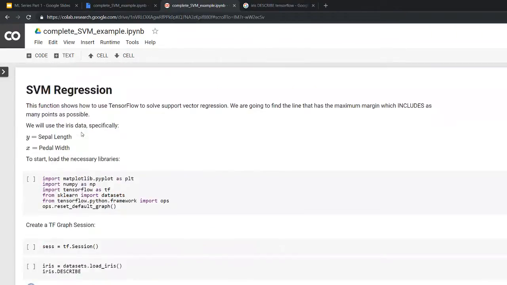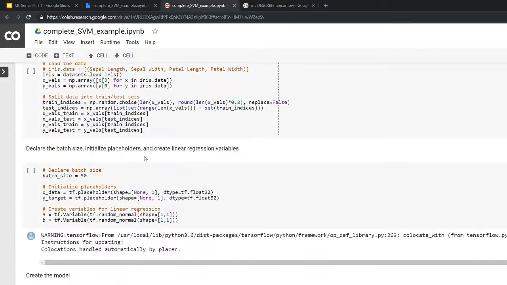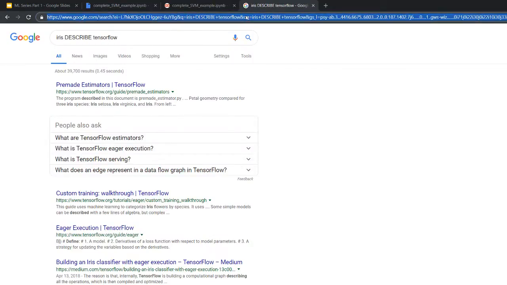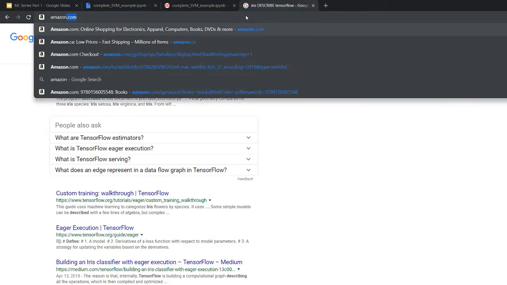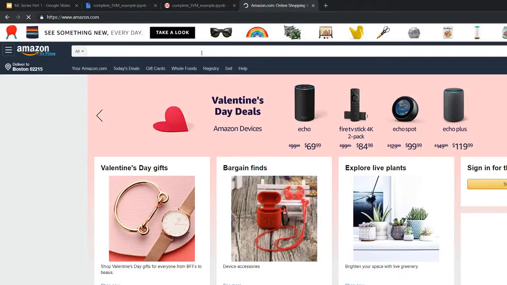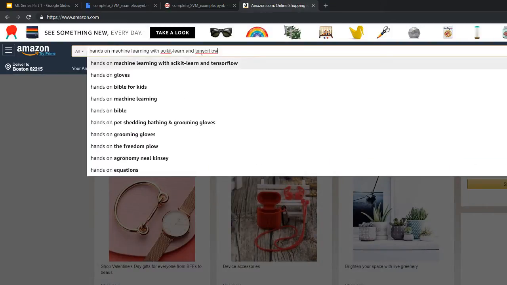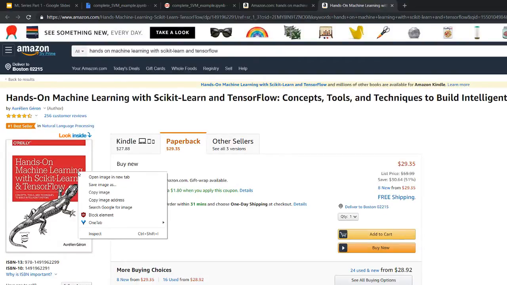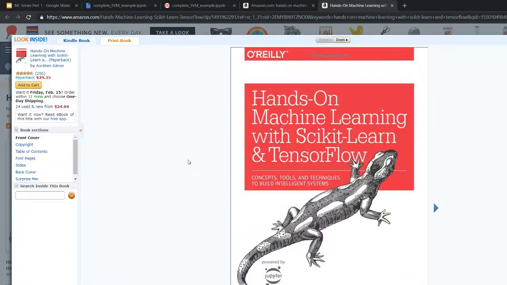So yeah. Any questions? You may not have completely understood it. That's okay, because that's usually how I felt last year when I was here listening to the lectures. So what I would recommend is to do a lot of independent reading back at home. The book that I have used a lot is called Hands-on Machine Learning with Scikit-learn and TensorFlow.